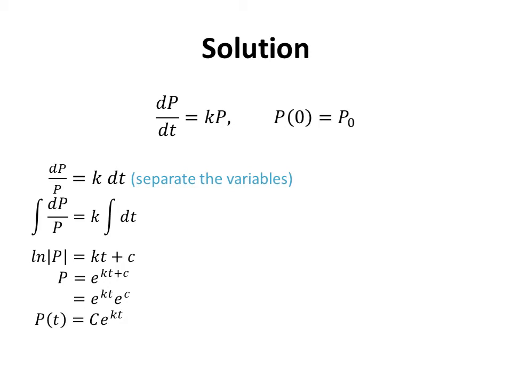Now, we need to solve the first-order differential equation. By using separation of variables, separate the variables of P and t on each side. Then, integrate both sides with respect to each variable. This will lead to the general solution P of t equals Ce to the power of kt.